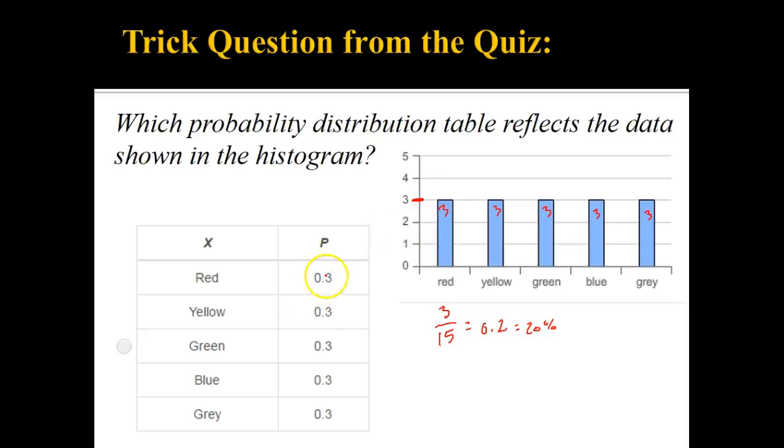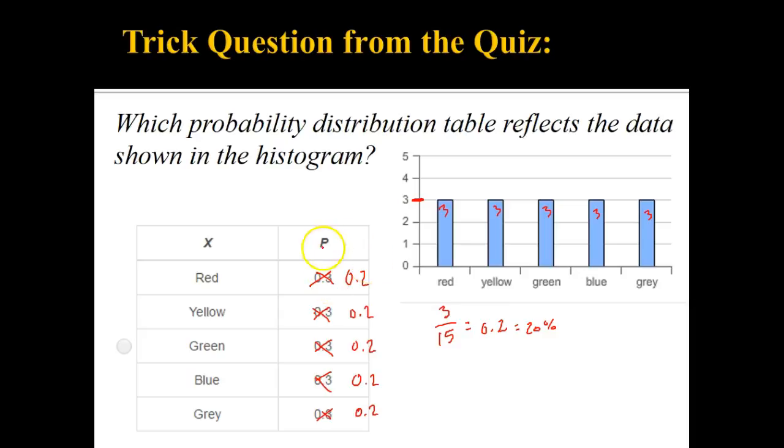The probabilities on the probability chart are supposed to be the probabilities of choosing each one, and we just said those probabilities are 20% or 0.2. So since the probabilities are all the same, they're each 20%, we're looking for the chart that says 0.2 for each of the different variables.